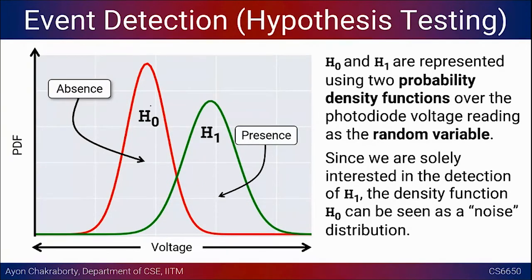So H0 is known by many different names. We are calling it the null hypothesis, or this is basically representing the situation when the person is absent, and using the data we want to reject the null hypothesis and see whether the person is actually present.